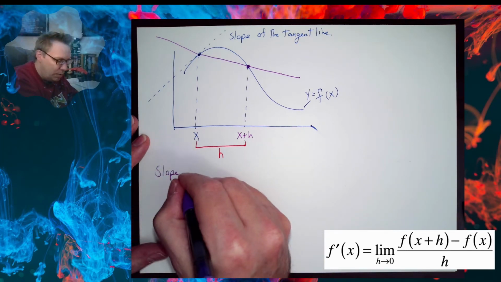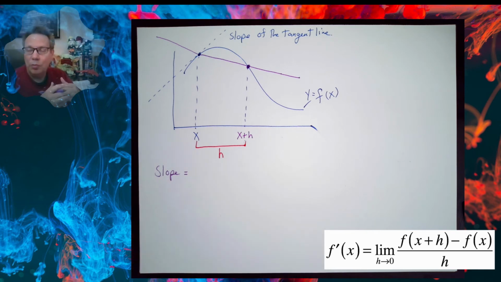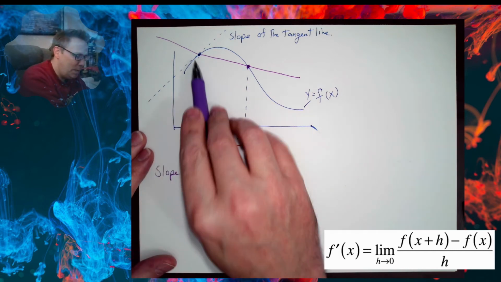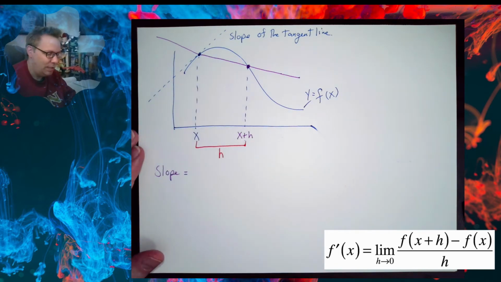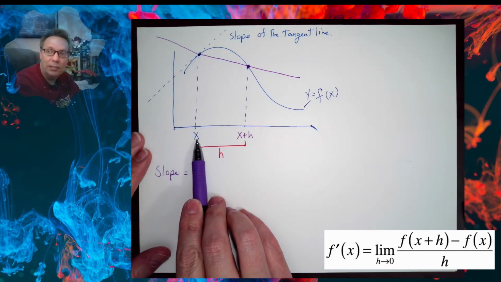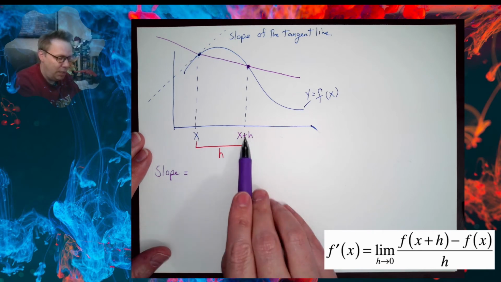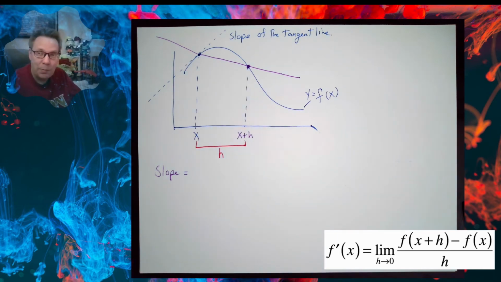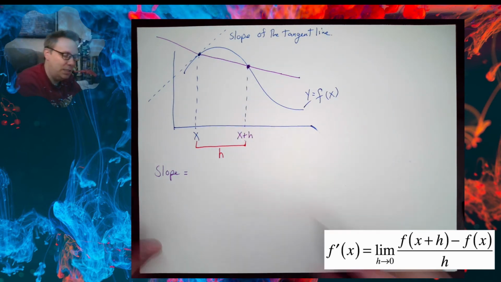Well, what I do know is it is equal to the change in the y value divided by the change in the x values. This particular point has coordinates x, comma f of x. This other point has the coordinates x plus h, comma f of x plus h.